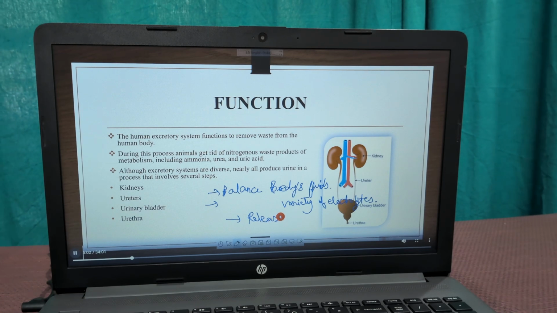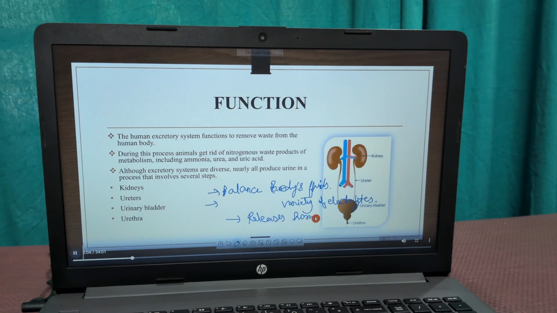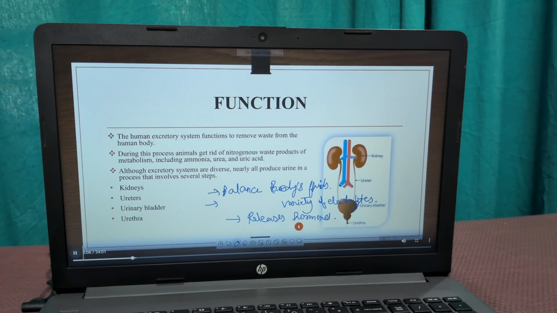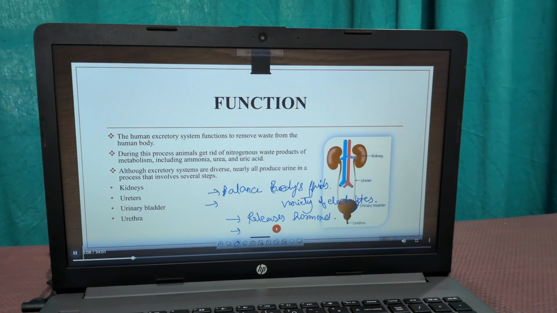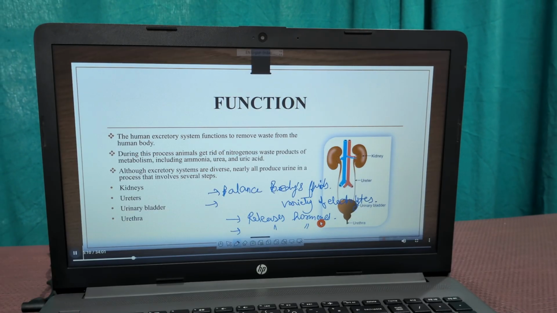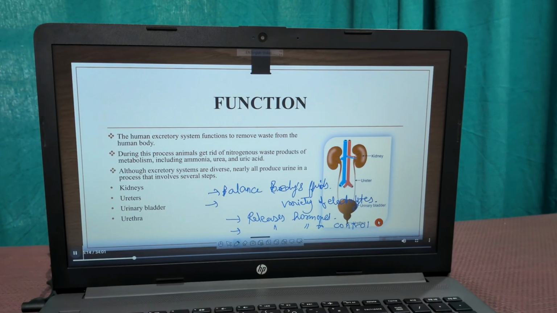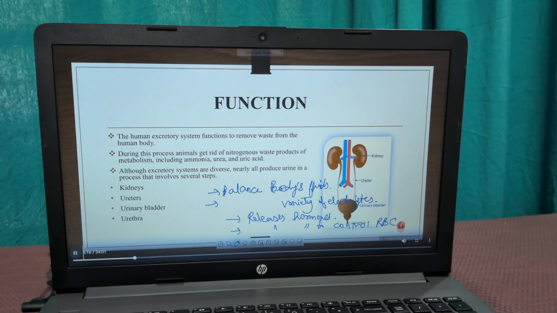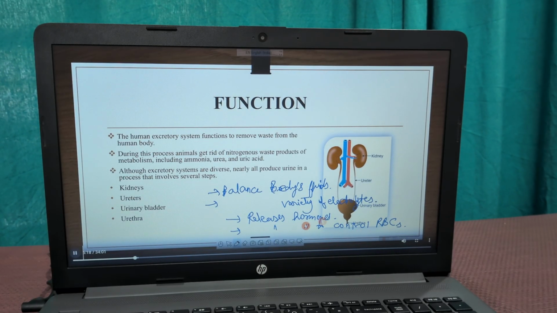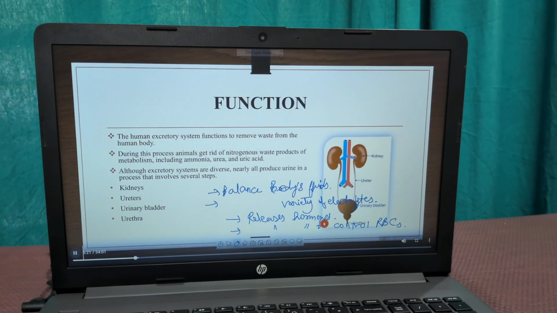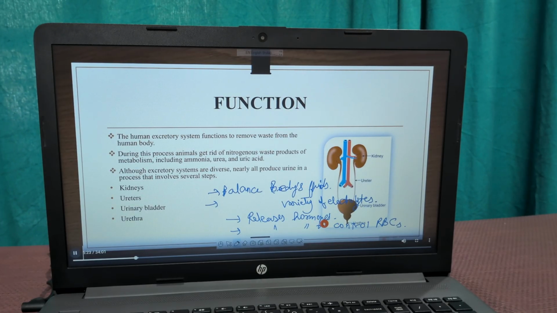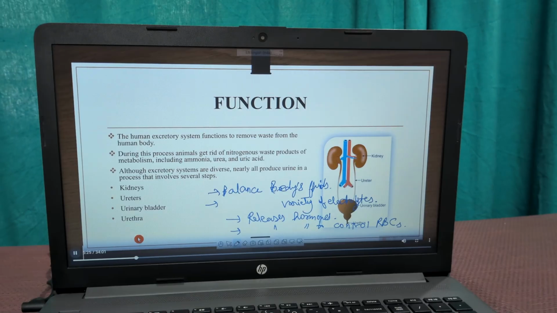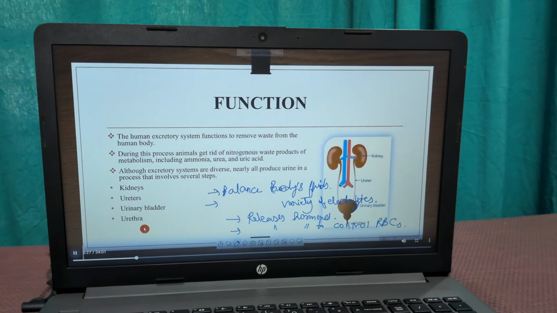Next, it releases hormones to control blood pressure. It also releases hormones to control RBC production as well. The hormone erythropoietin is regulated and controlled by the kidneys, which helps in the production of RBCs.